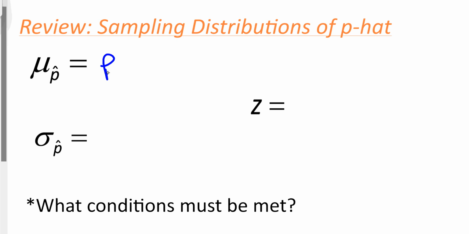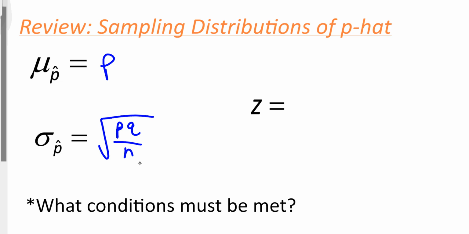Where it changes a little bit is the standard deviation. You can find this on your formula sheet, but the standard deviation is the square root of pq over n. For a confidence interval, we used p-hat q-hat over n, and we're going to be using a similar thing here.